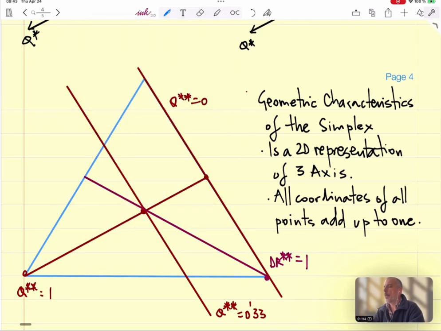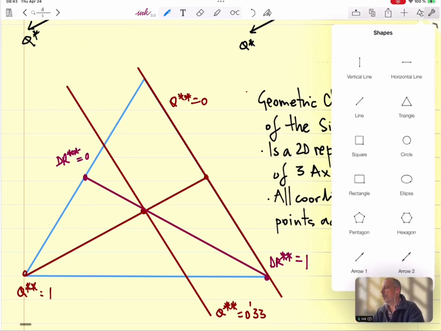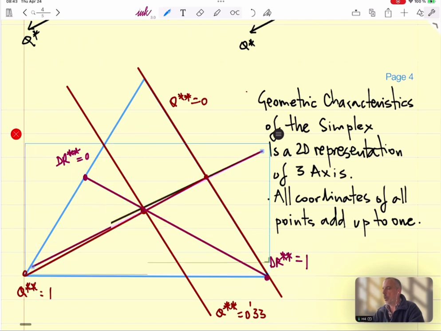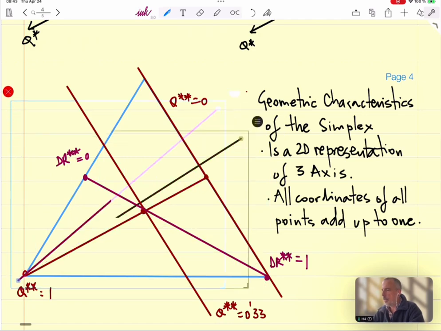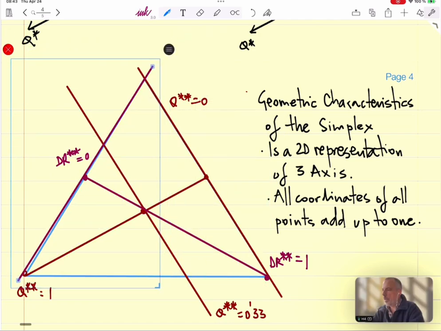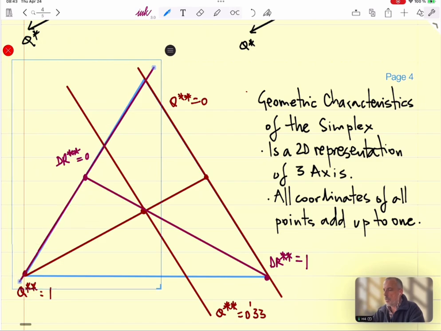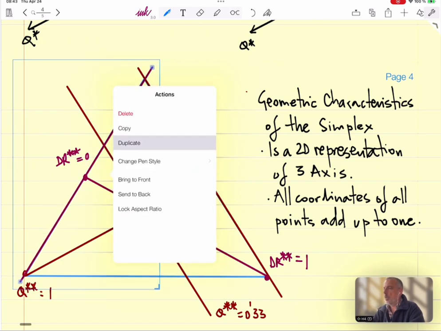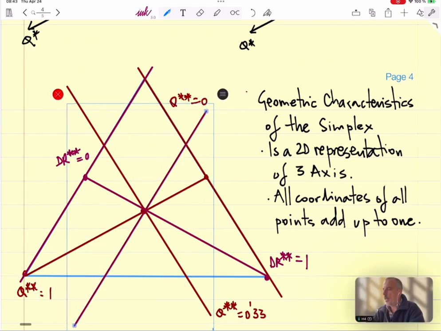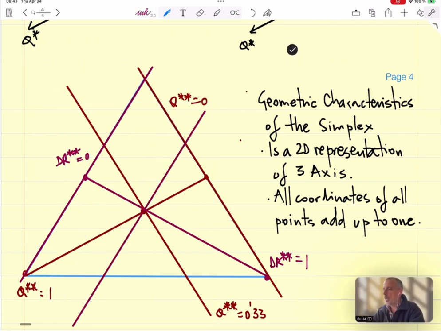This point has delivery rate star star equal 0. All the points parallel to this line, all the points in this line have actually a delivery rate equal 0. All the points in this line had delivery rate star star equals 0.33.